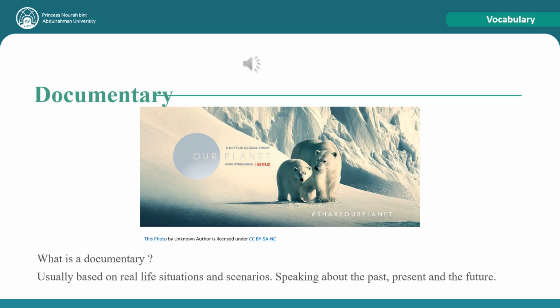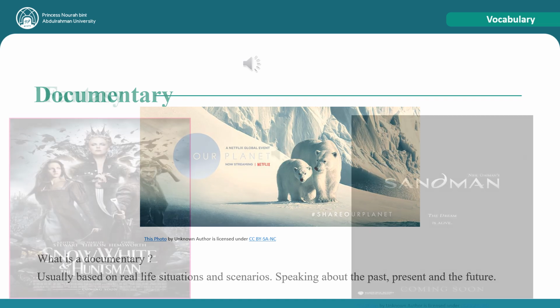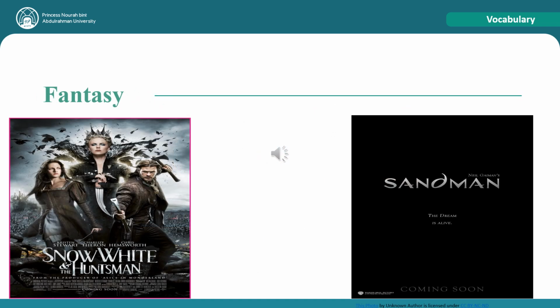Okay, let's go ahead now and look at fantasy. So we now have our next genre. We have slide 7, which is about fantasy. When we say the word fantasy, it usually means another world, another place, something that isn't, of course, true.